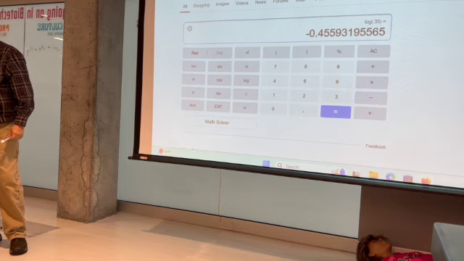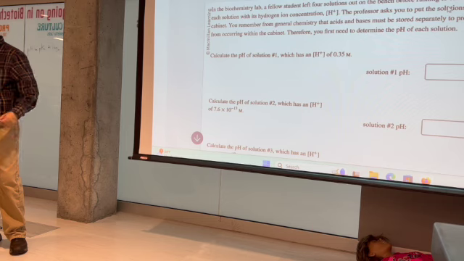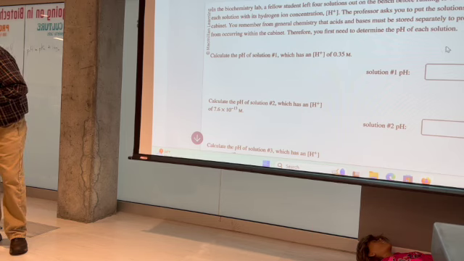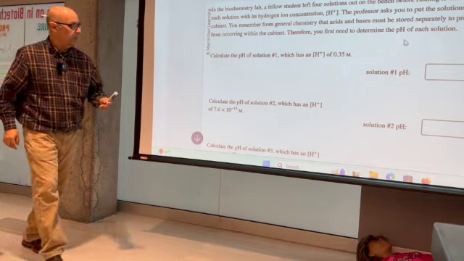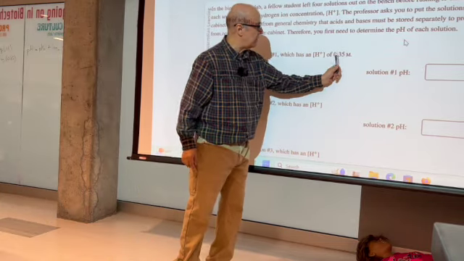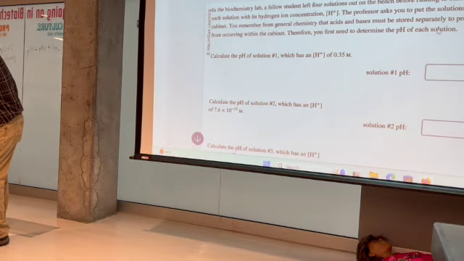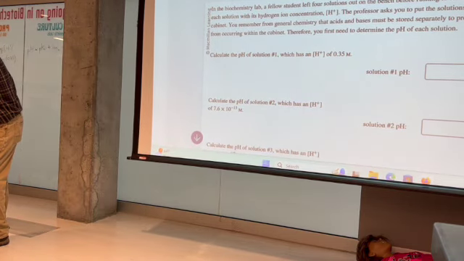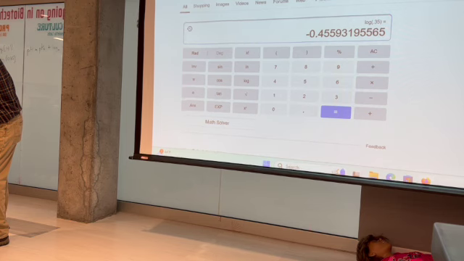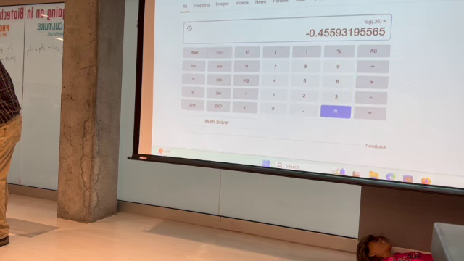Let's take a look at the problem. Does it say anything about significant digits? It doesn't mention them here that I can see, but I'm sure you should observe them. So you have two significant digits here, so let's put our answer with two significant digits. And I had 0.46.